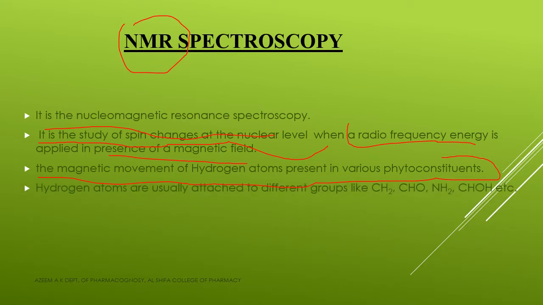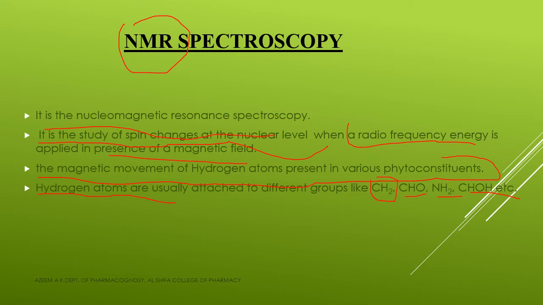Now, the hydrogen atoms present in a molecule are usually attached to different groups, and the common groups in which hydrogen can be seen are CH2, CHO, NH2, CHOH, etc. So these are the different environments in which we can see a hydrogen atom inside a molecule.